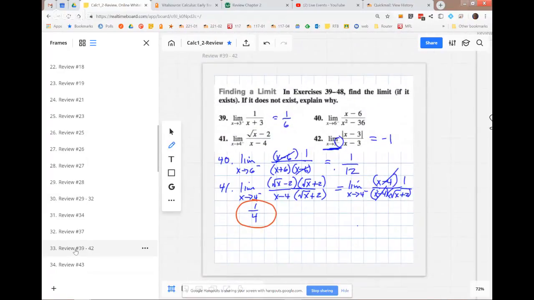Here's another section in the review, 39 to 42. Actually, it goes to 48, but find the limit if it exists. If it doesn't exist, tell me why not. So look at 41.